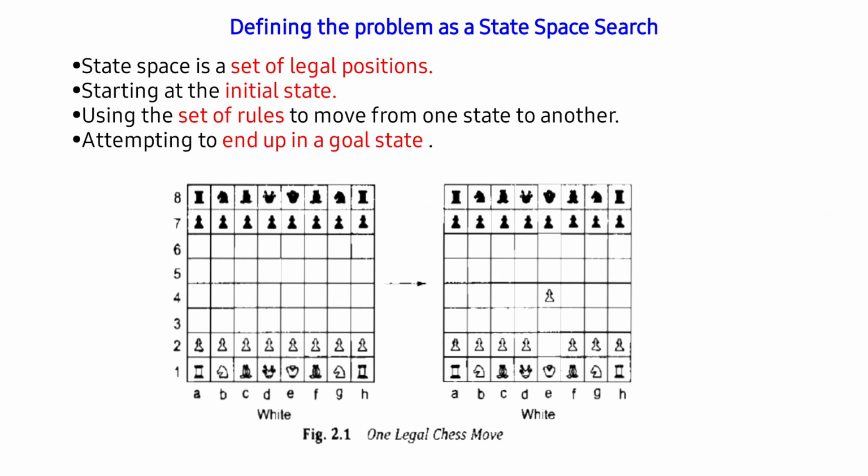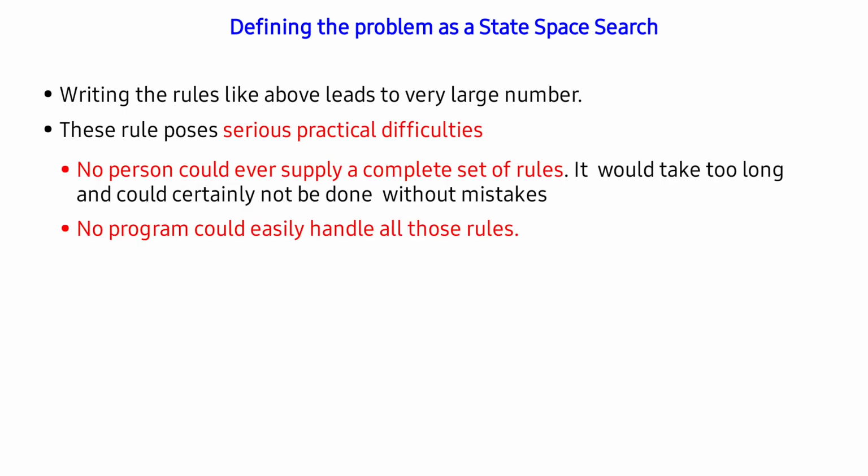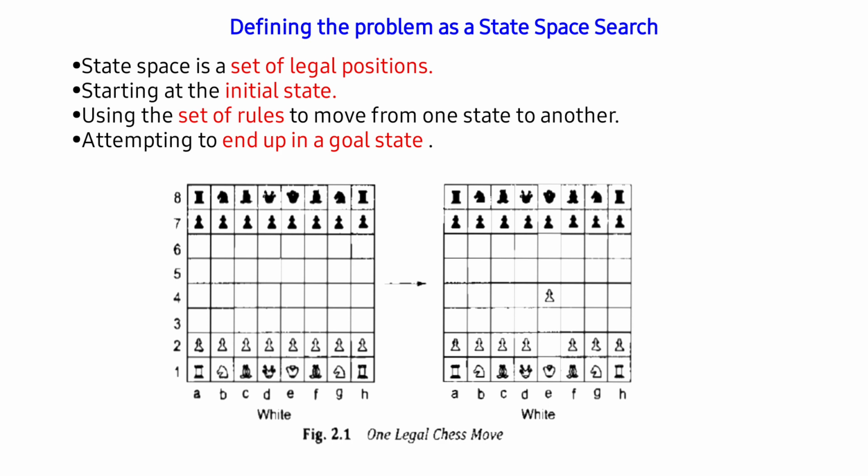But in general, these legal positions can't be stored in computer memory since there will be a large number of moves. State space is a set of legal positions starting at the initial state, and you will use your set of rules to move from one state to another, and attempt to reach the goal state. This figure describes one legal chess move. This is a legal move, this is the rule.